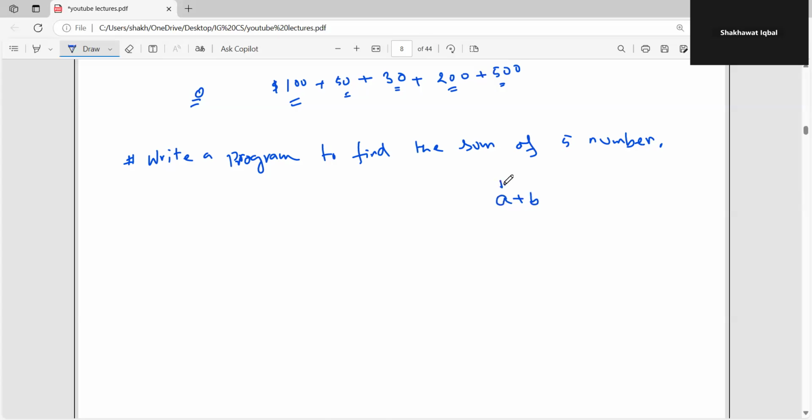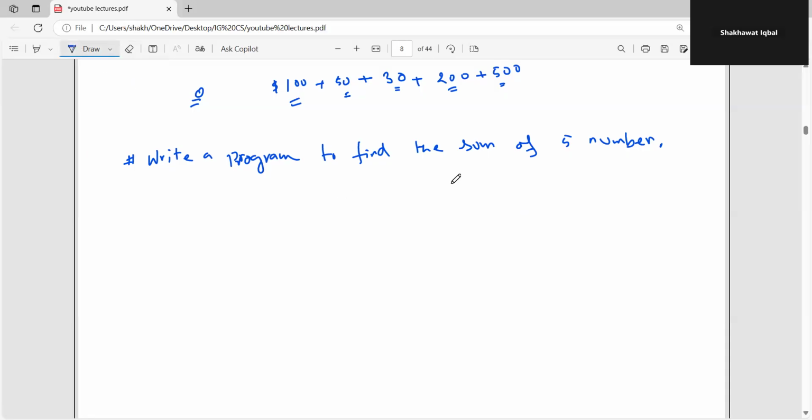Here a is a variable which contains a value, and b contains a value. These two values will be added and we can save the result in c. In the same way, we need this concept while we learn to write programming statements properly.